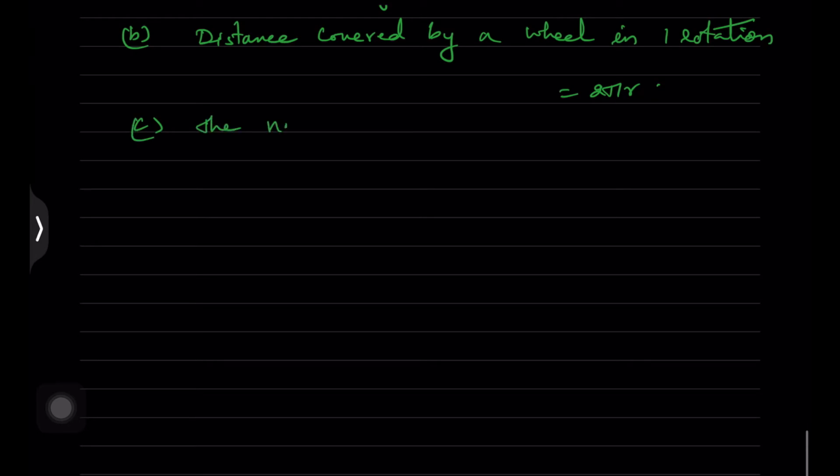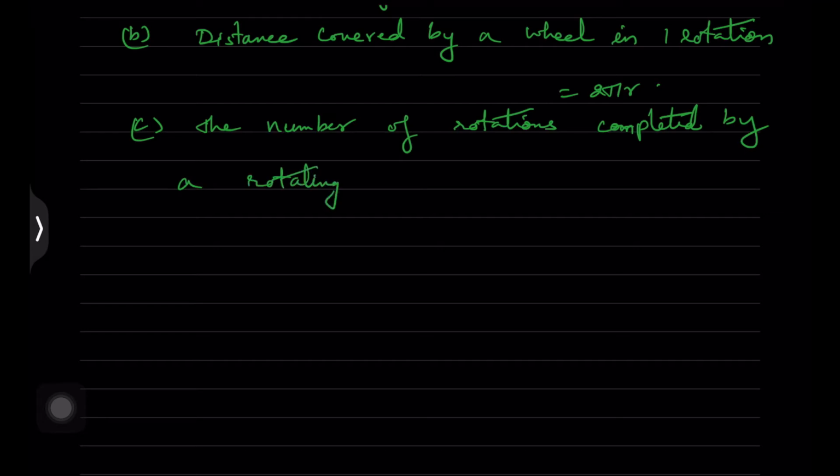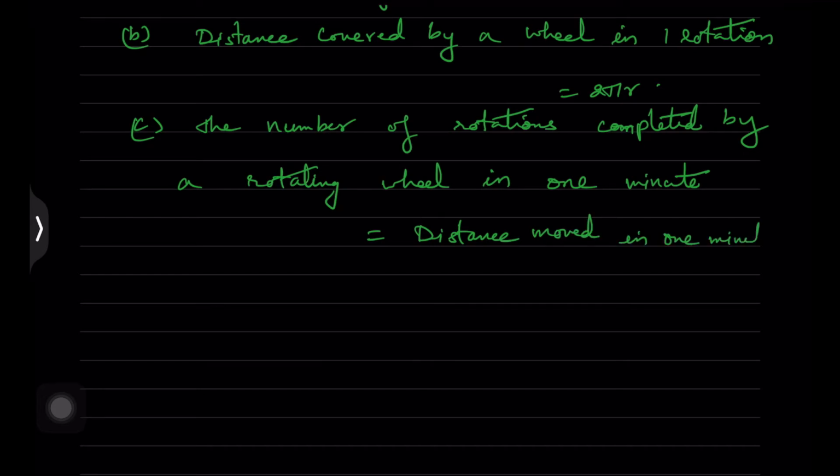Then the number of rotations completed by a rotating wheel in 1 minute is equal to the distance moved in 1 minute divided by the circumference.